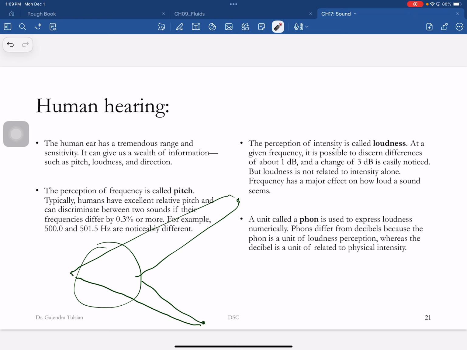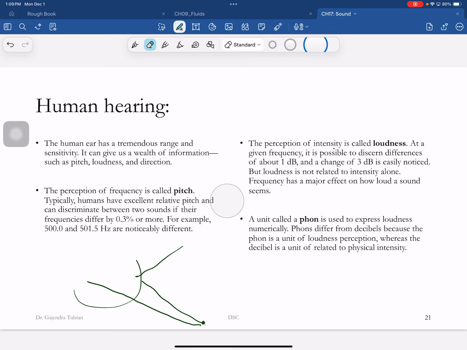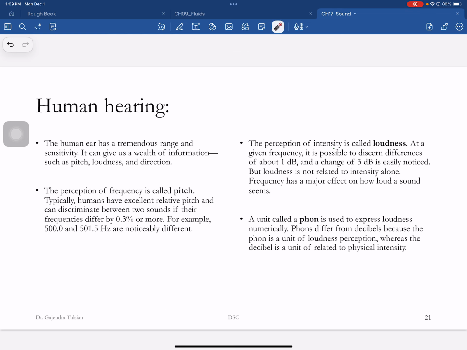The perception of frequency is called pitch. This sensitivity is a relative sensitivity: a 0.3% difference you can tell. For instance, 1% of 500 hertz would be 5 hertz, and a third of that would be 1.5 hertz.